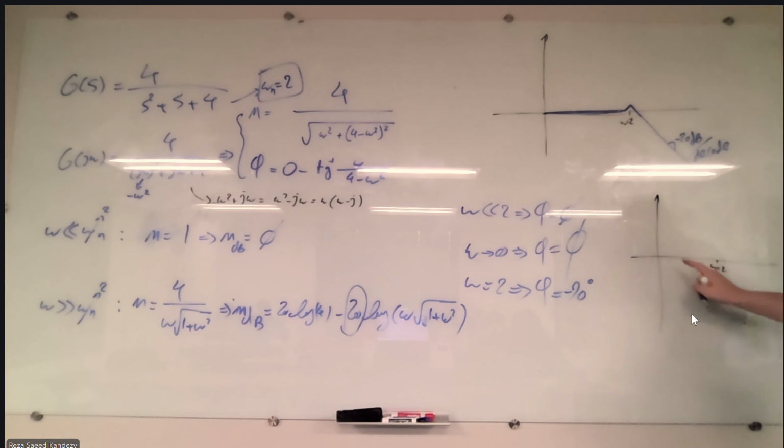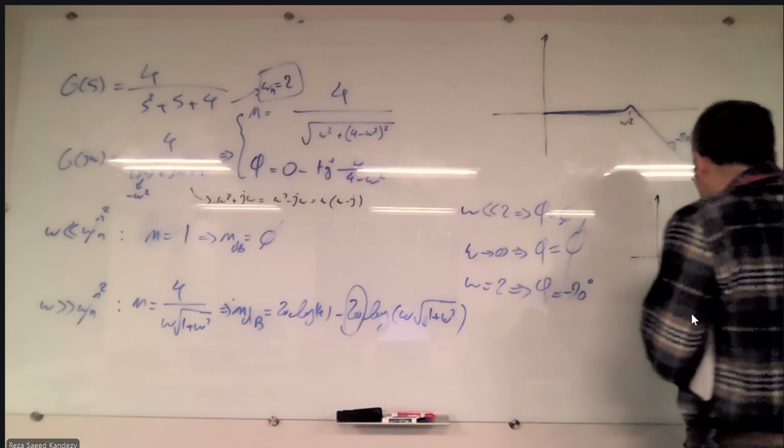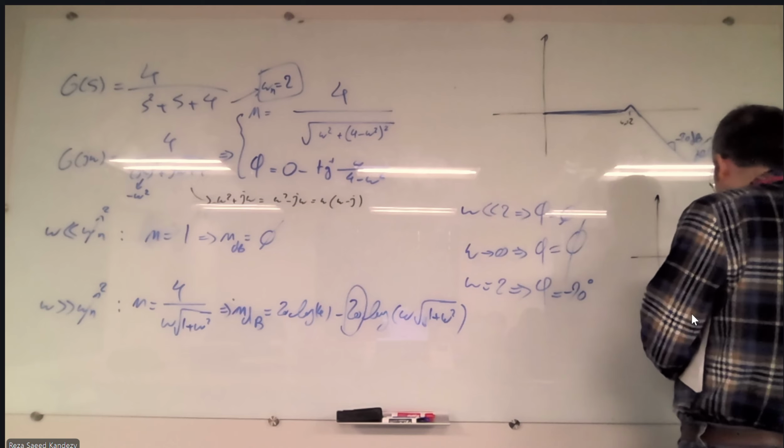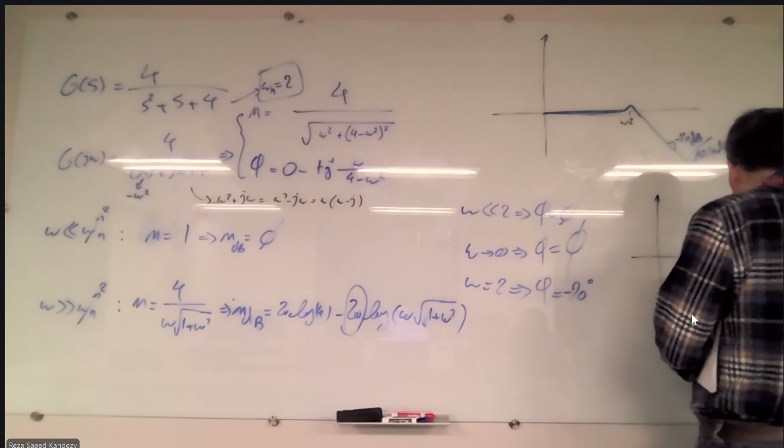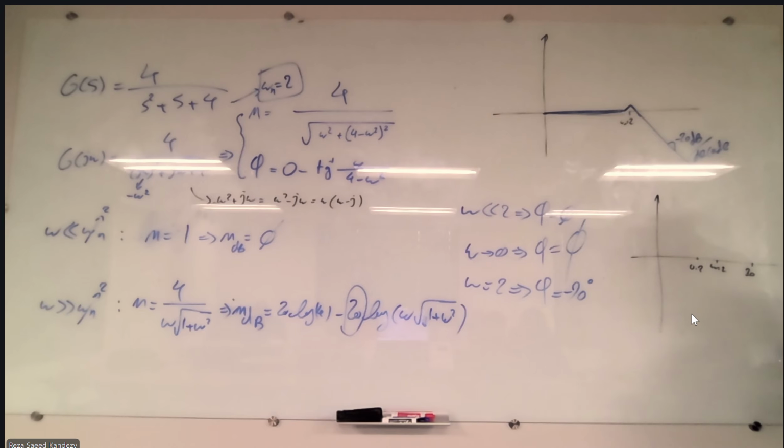Now, for the phase, again, we need to consider 1 decade before and after the cutoff. So we are here at 0.2 and 20. For way less than omega n, we have 0.